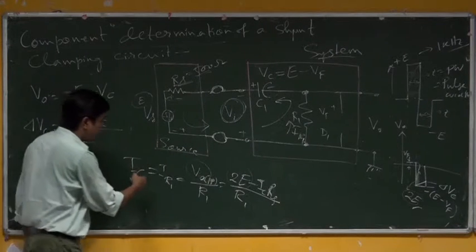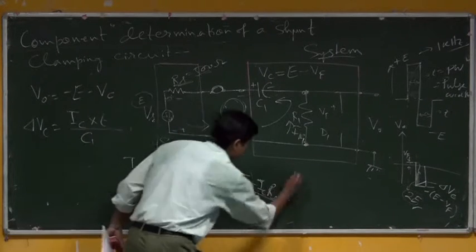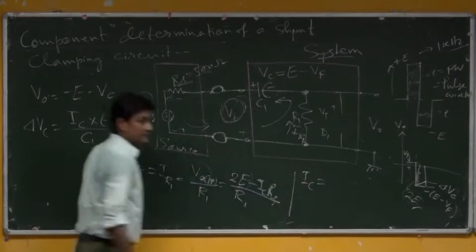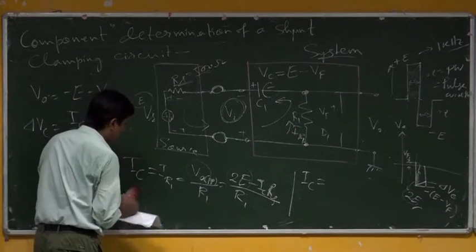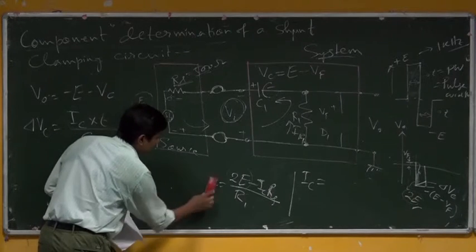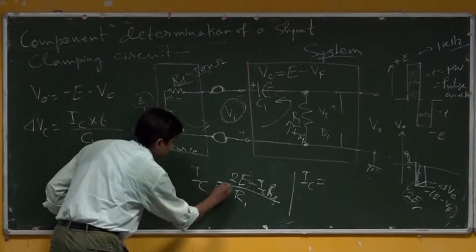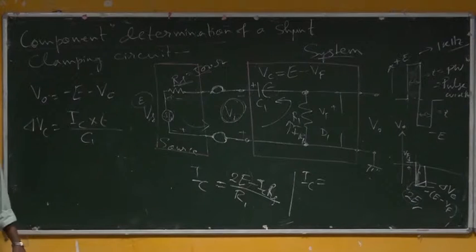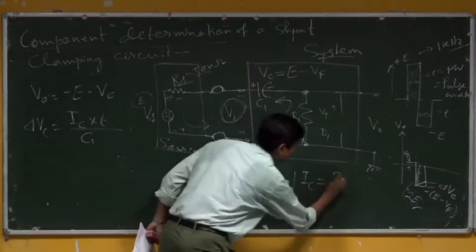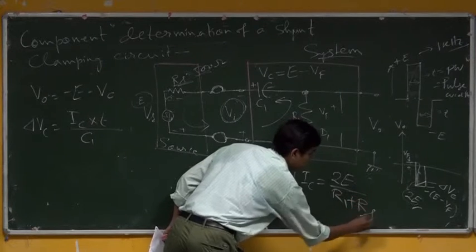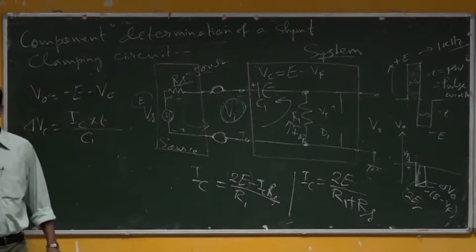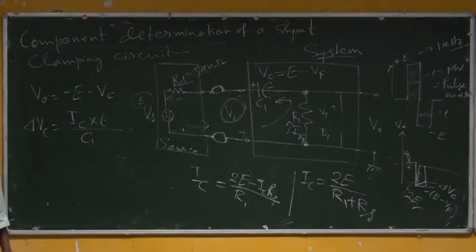Now tell me what is the actual expression of Ic here. After taking this equation, Ic equals this. I think you will find 2E by R1 plus Rs. Small manipulation, simple mathematics.